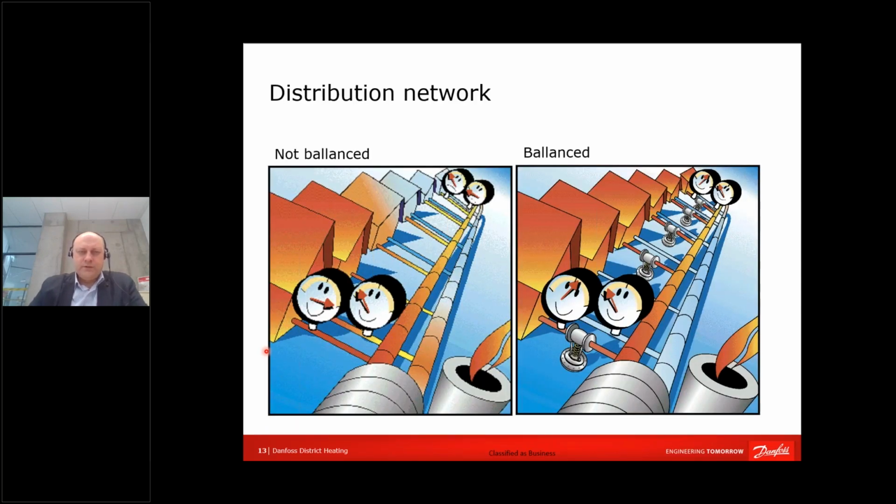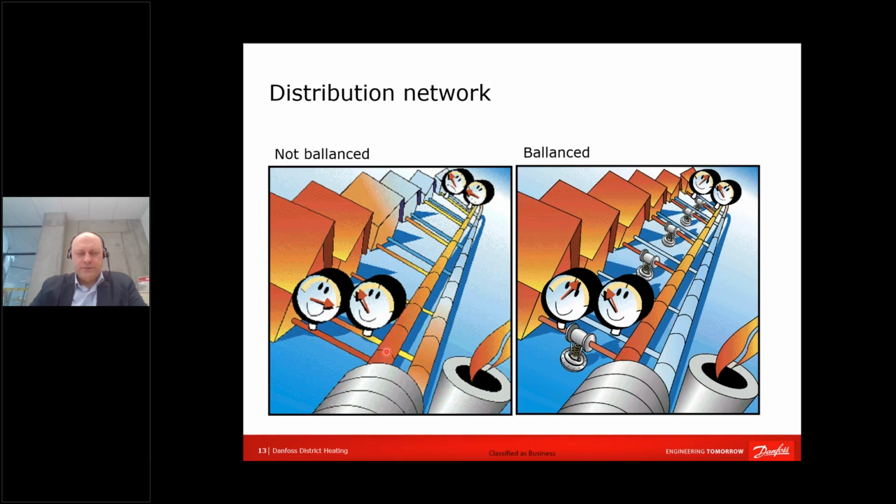Here is a very nice example of not balanced and balanced networks. As you can see, consumers situated close to a district heating utility are hot, are satisfied, and you can see that return temperature is also high here.